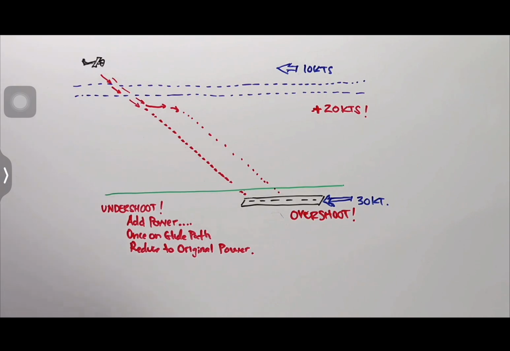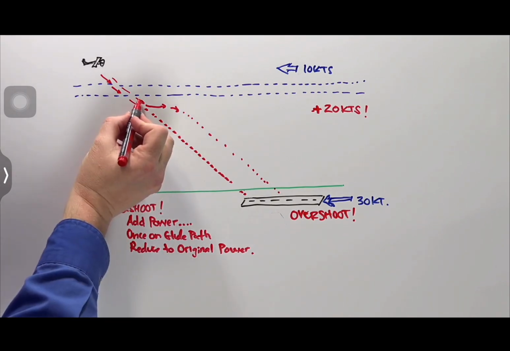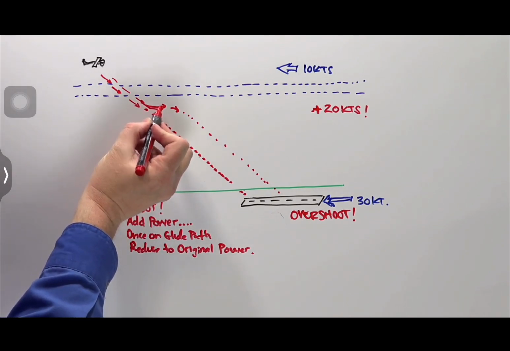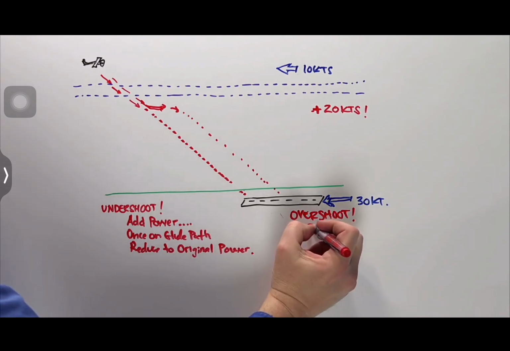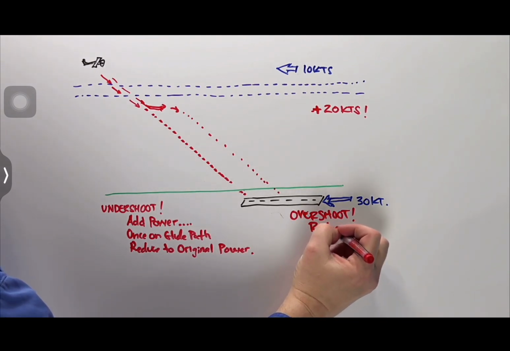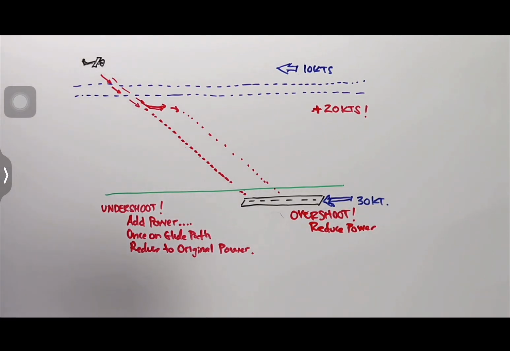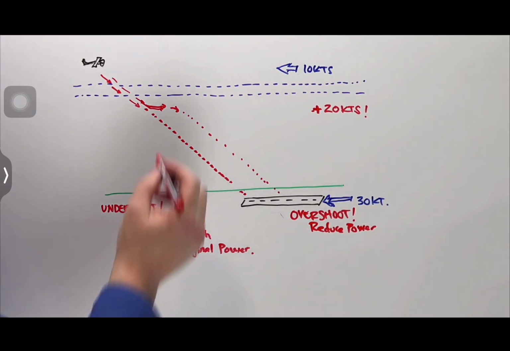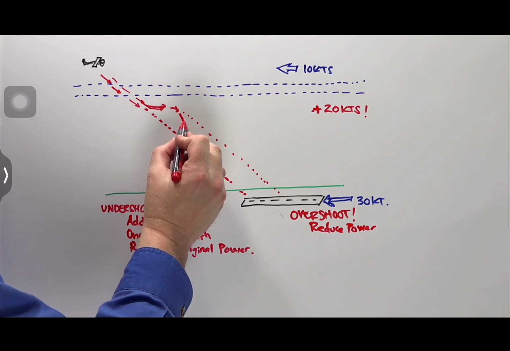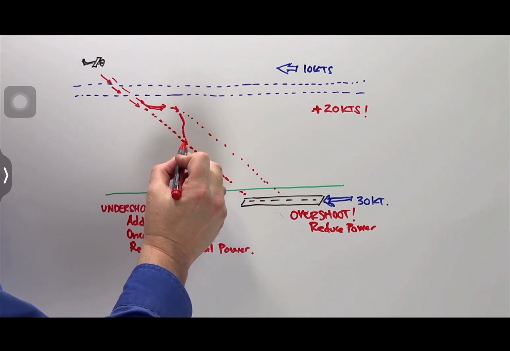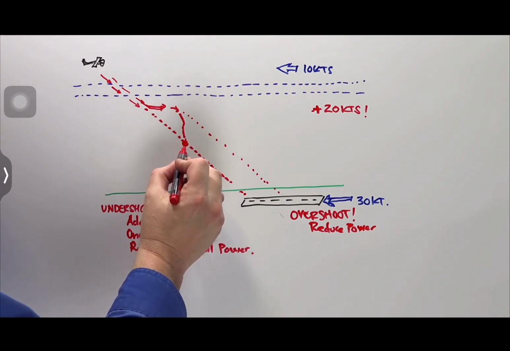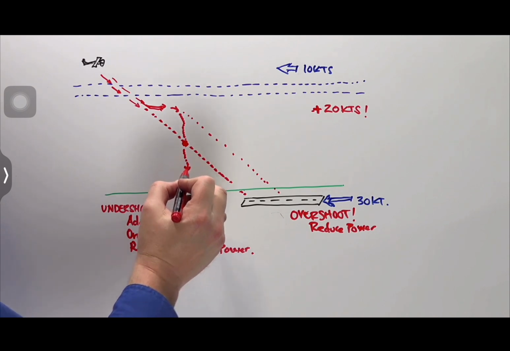No good, no good. Most pilots, when they see this overshooting, will do the right thing and reduce their power. So I've reduced my power, and now I'm going to sink back towards that glide path again. But if I keep my power the same, I'm just going to keep on going. That's vertical.